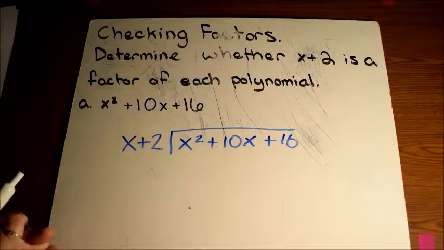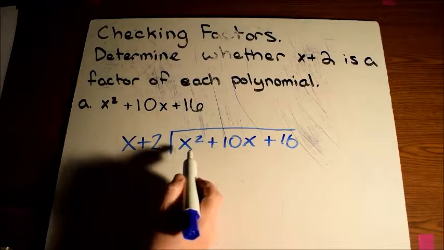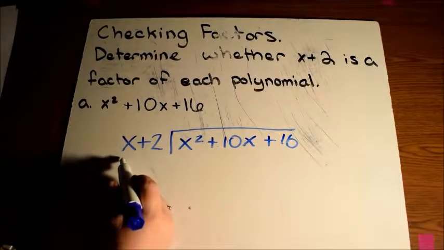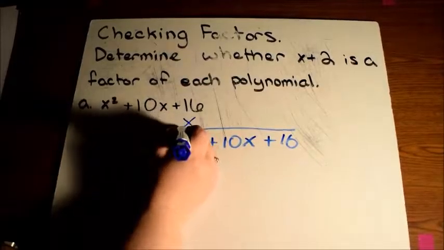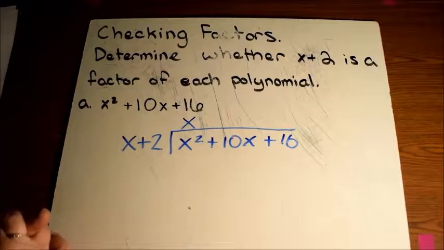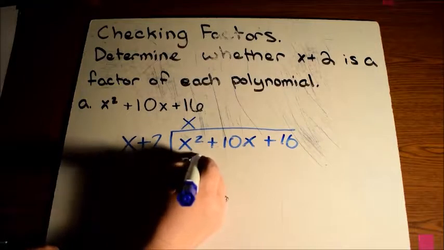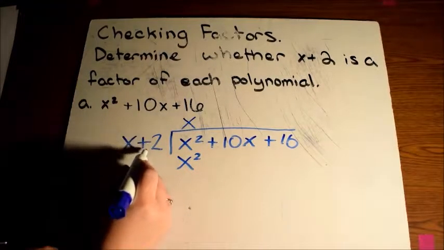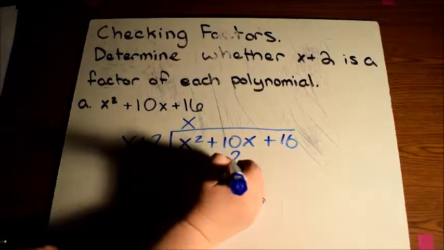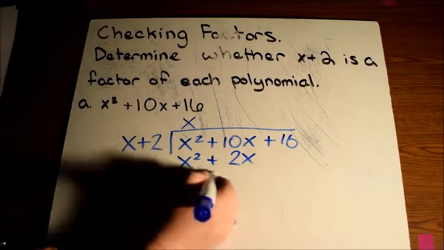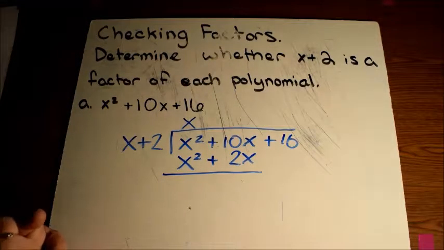All right, let's think of our family again. So Dad, divide. X squared divided by x, that's x. Now Mother, multiply. X times x is x squared. X times 2 is 2x. Now Sister.